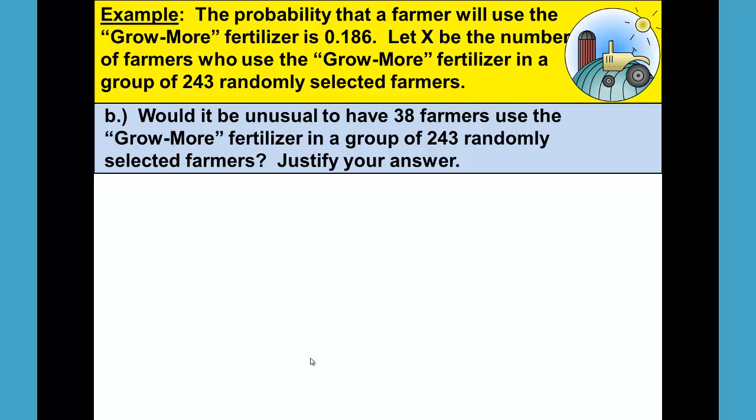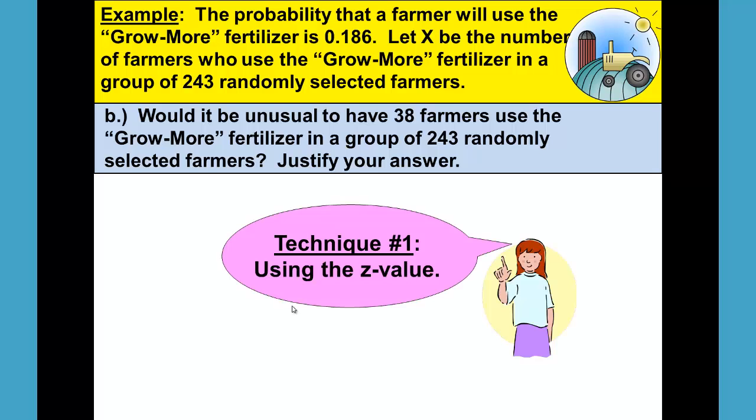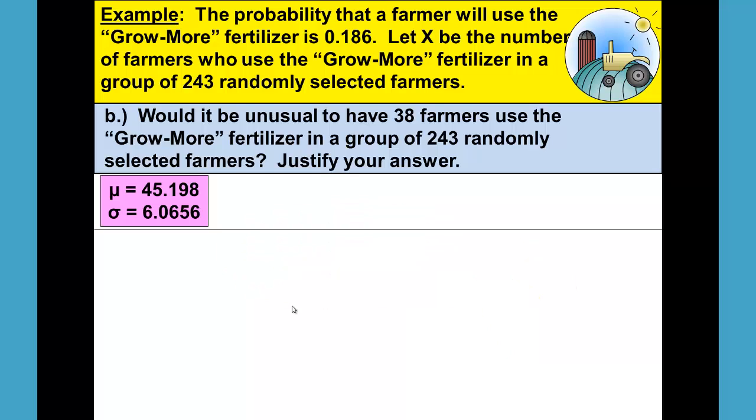Would it be unusual, the B part asks us, would it be unusual to have 38 farmers use the Grow More fertilizer in a group of 243 randomly selected farmers? Justify your answer. Let's use technique number 1 using the z-value.